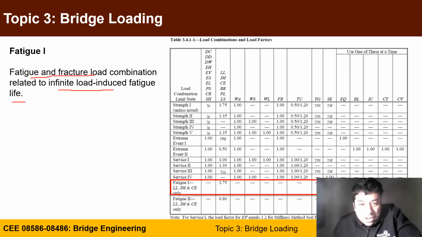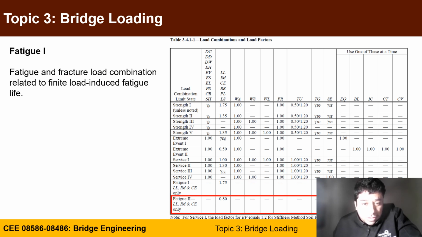So if you design for infinite life, you use fatigue 1. If you limit your number of truck movements over the bridge per the life of the structure, you have finite load-induced fatigue life, and you use load combination fatigue 2.